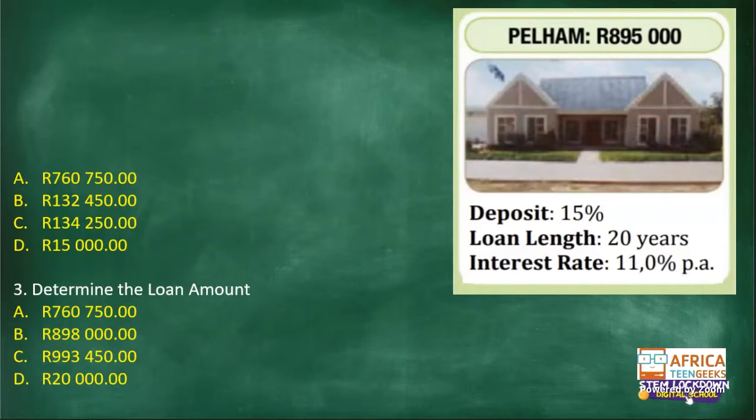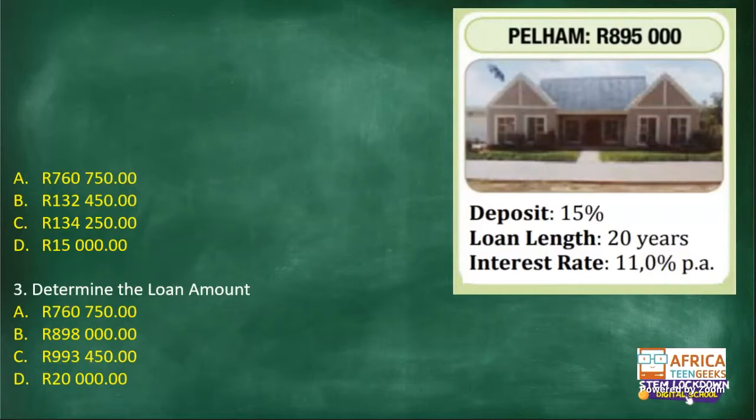If you subtract 134,250 rands from 895,000 rands, you will definitely get 760,750 rands.